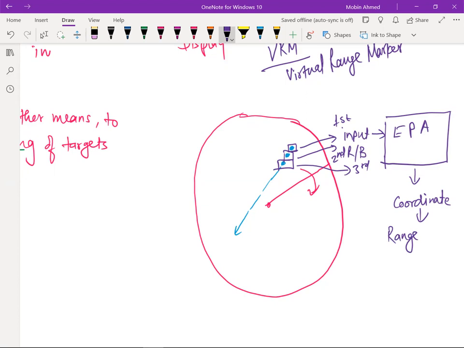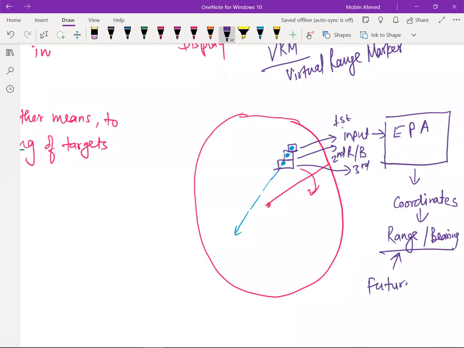If it can find the coordinates of the target, it can calculate the range and bearing, and this is known as a future range and bearing, because it now knows which direction the target is going.